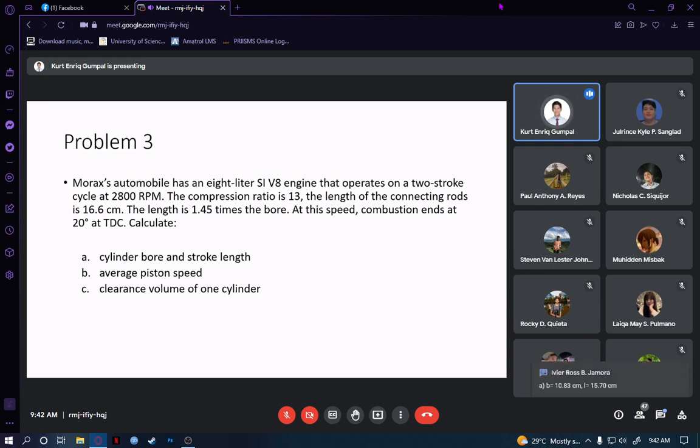Now with that, you should be able to get your bore. So 1,000 times 4 divided by pi is 1,273 cm cubed. Divided by 1.45, then you get the cube root of the answer. Your answer should be 9.576 centimeters.